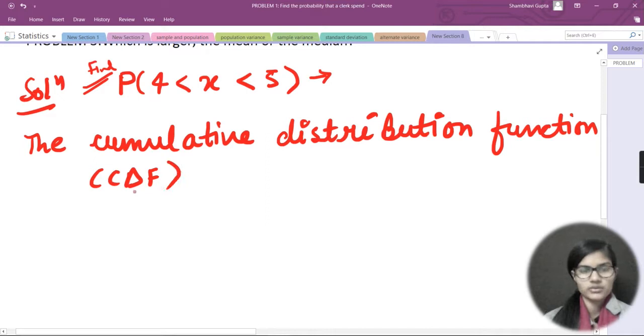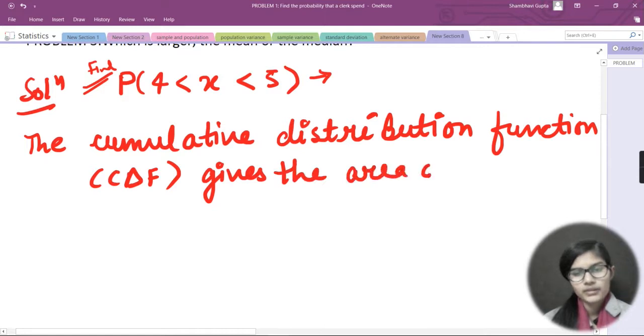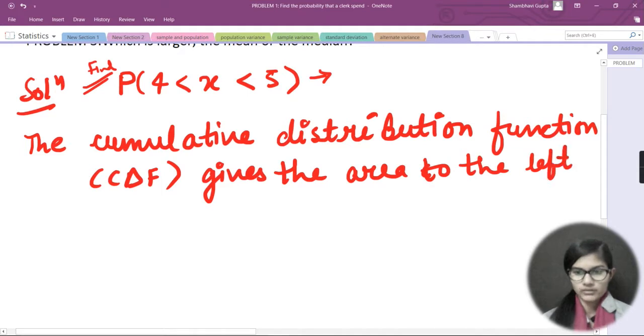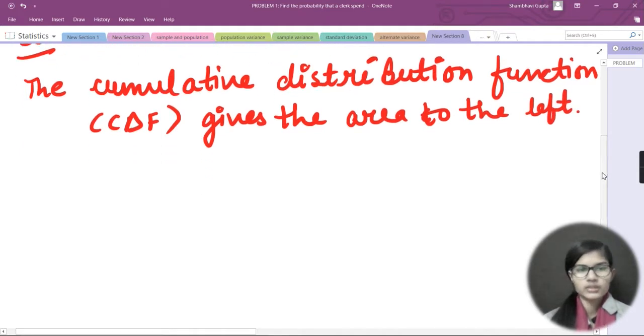The cumulative distribution function, CDF, gives the area to the left. This is the sentence I wrote here: the cumulative distribution function gives the area to the left.